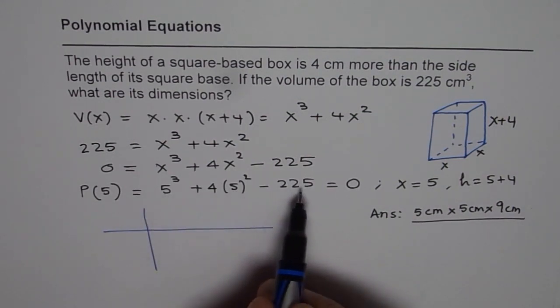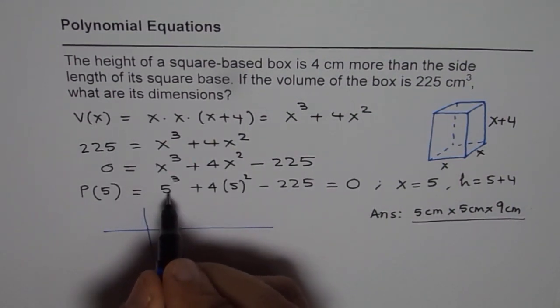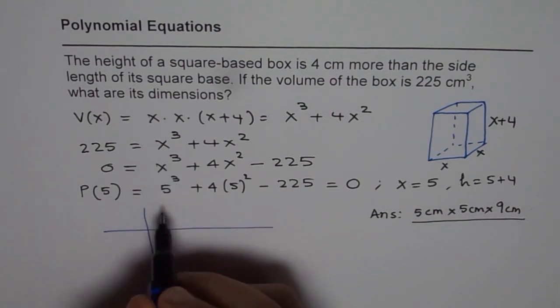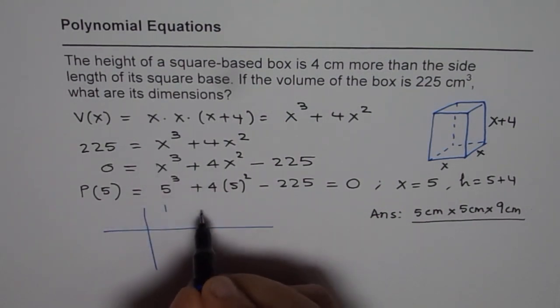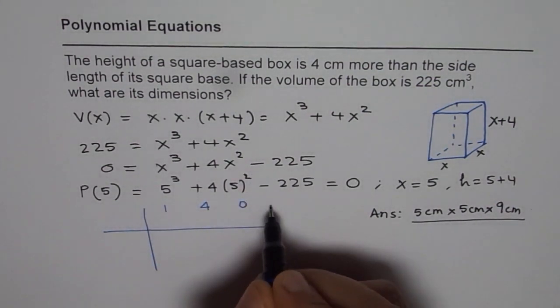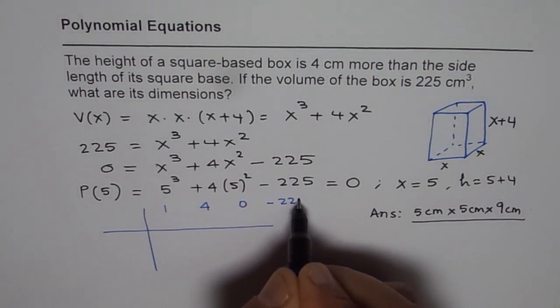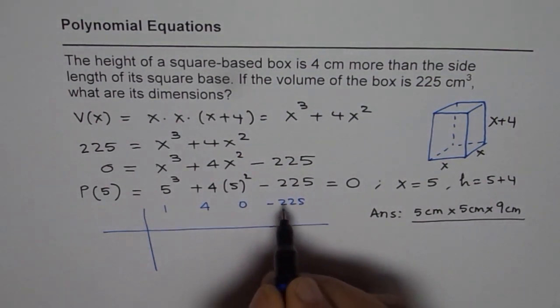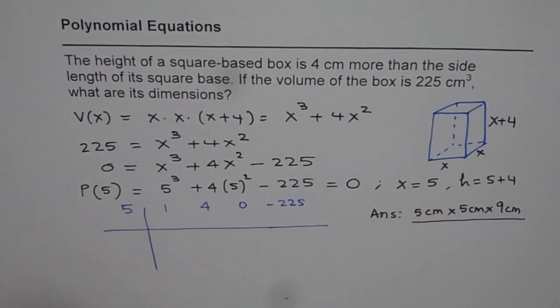And here we have our equation, where the coefficients are 1, that is for x cube, for x square it is 4. We'll substitute 0 for x, and we have minus 225, correct? x minus 5 is a factor. So we can divide by 5.